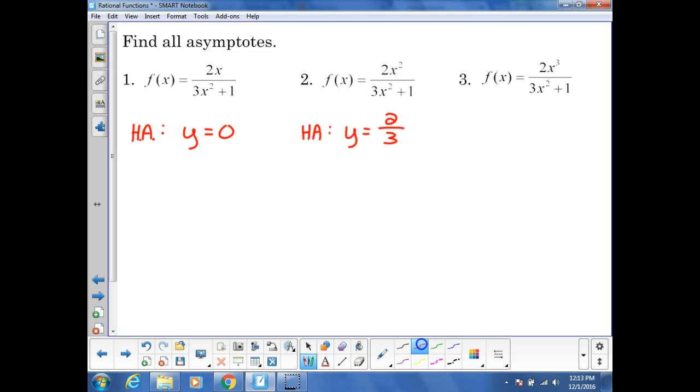Top is smaller than bottom. What is it? 0. Y equals 0. Okay, that's 1. Top is bigger than bottom. Top is bigger. There's no, None. And same. It's lead coefficient over lead coefficient. Y equals.